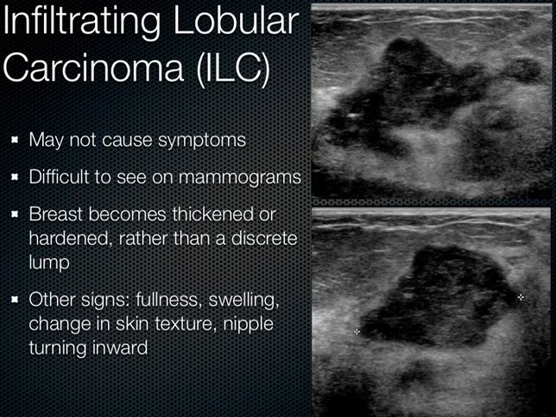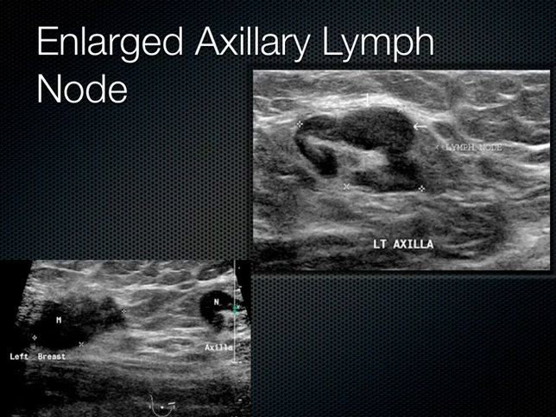Infiltrating lobular carcinoma is a lower incidence and comprises less than 15% of breast cancers. It has a tendency to become really more multifocal, so you can see this in different areas of focality, and with really the same prognosis as that of a ductal carcinoma.